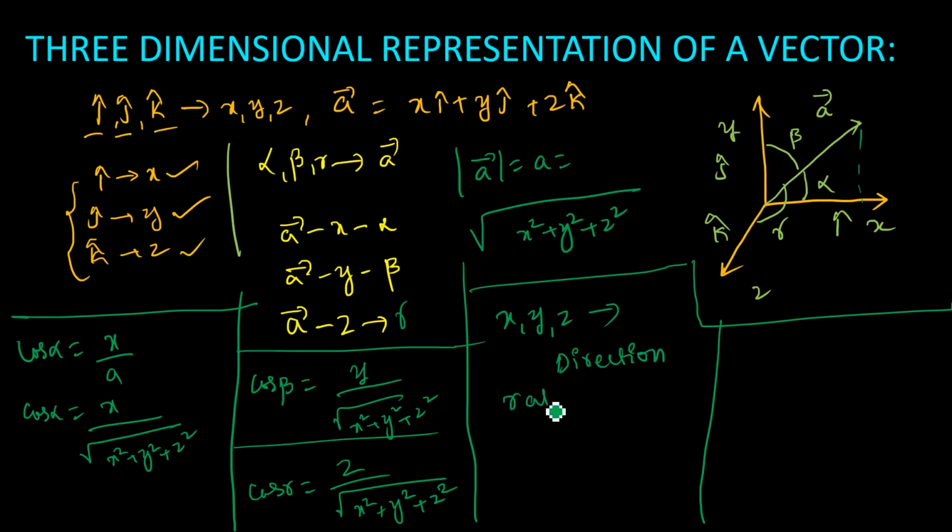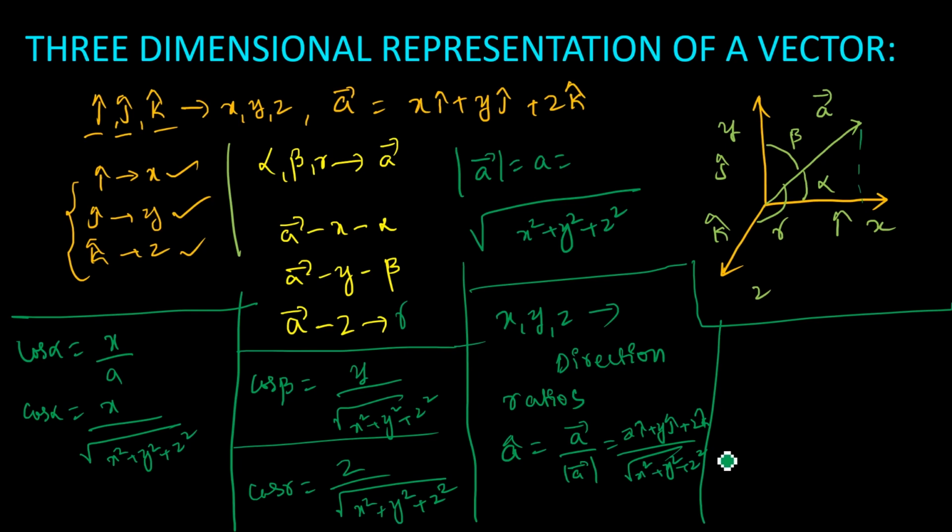Clear? Now, previously you know how we write a cap: a cap equals a bar by mod a bar. That is nothing but x i cap plus y j cap plus z k cap by root over x square plus y square plus z square. Clear? Like this we can write.